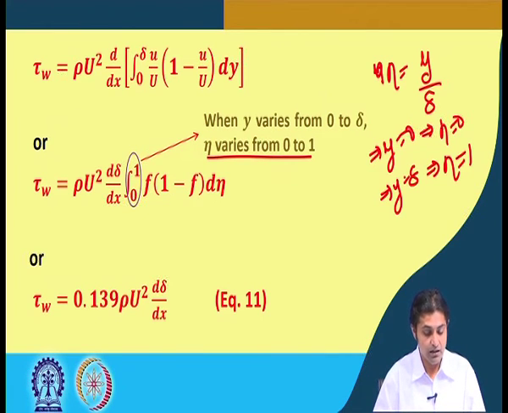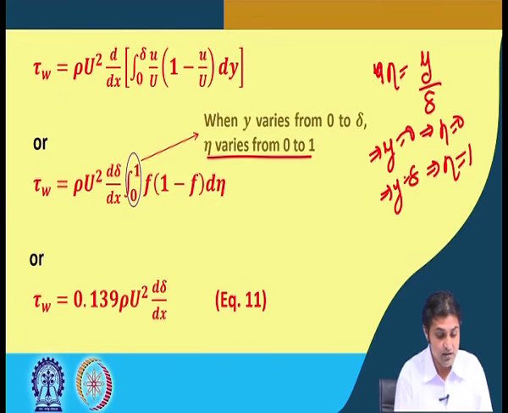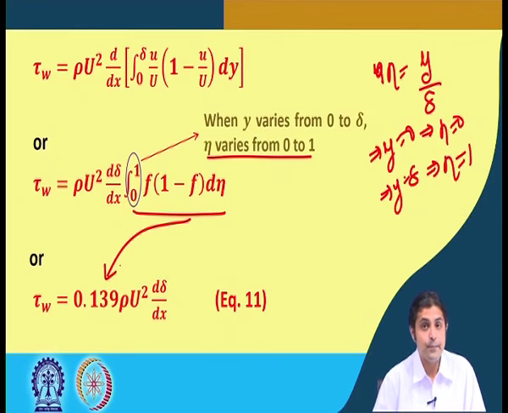On integration and converting it into the form of delta, this will give us tau w equal to 0.139 rho U square. So this value comes out to be 0.139, you can see that here.